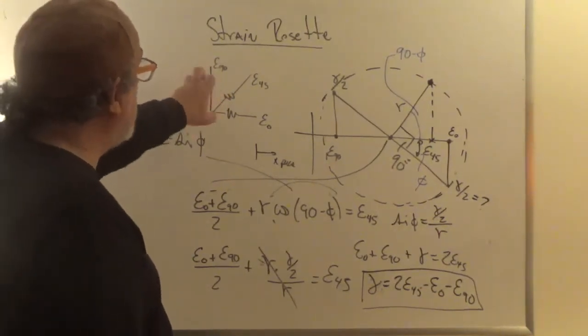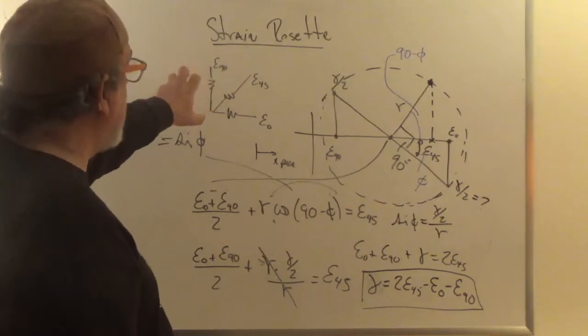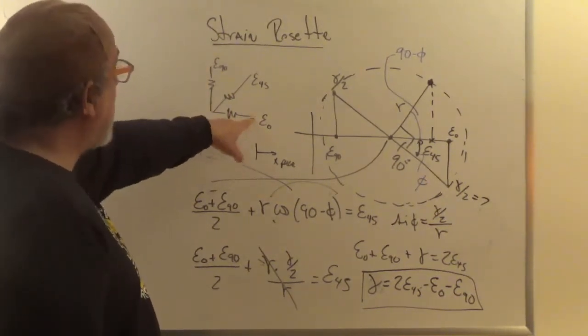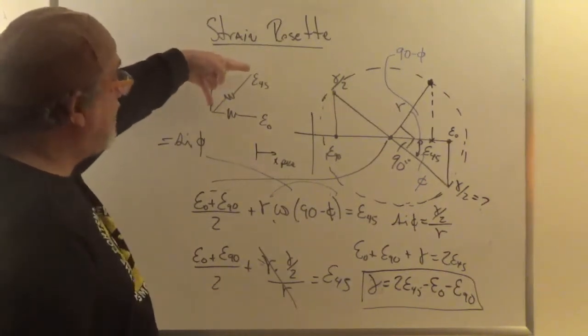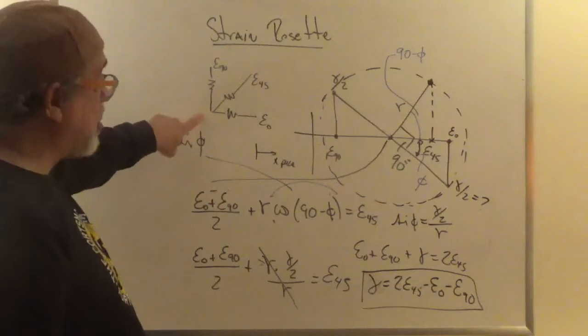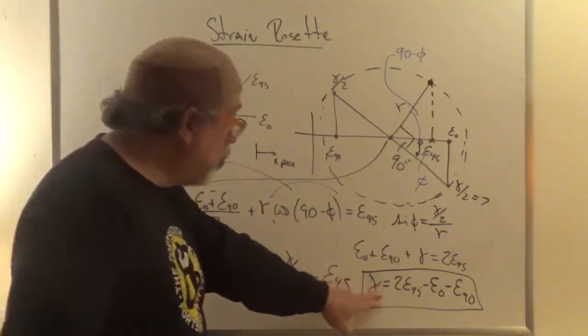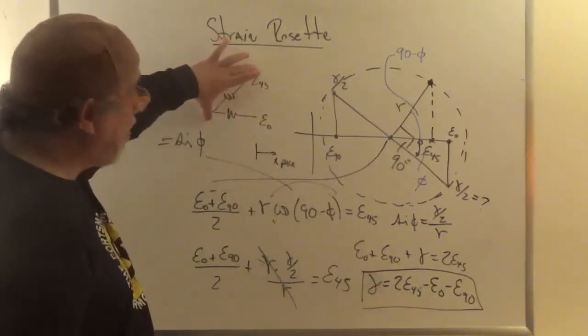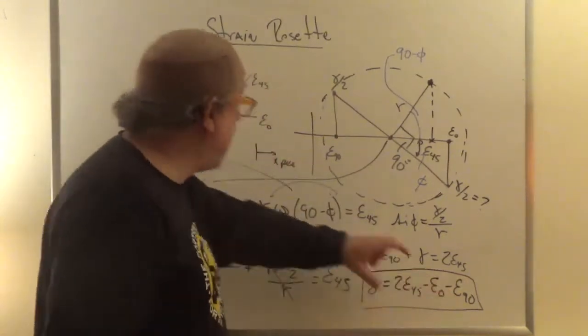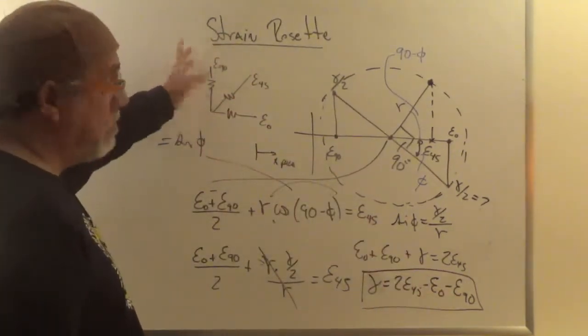But you don't have a device that can measure the shear strain. So what we do instead is we measure in the x, in the y, and at 45 degrees. And from this small derivation, we find that the shear strain is just 2 times whatever you measure in the 45-degree rosette, minus the 1 in 0, minus the 1 in 90. Okay? Simple enough.